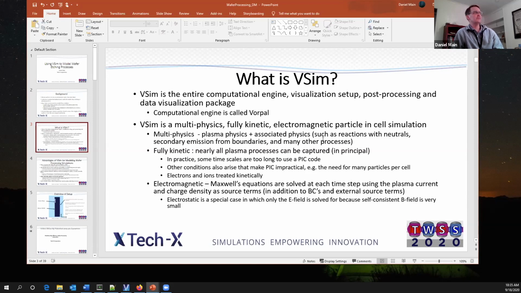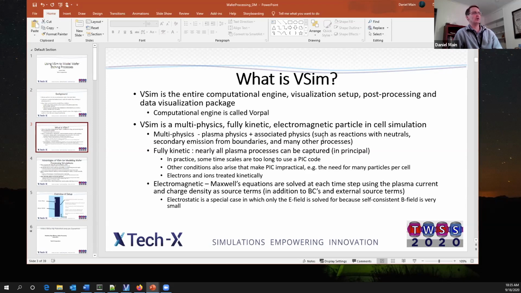VSim is a multiphysics, fully kinetic, electromagnetic particle-in-cell software. By multiphysics, the core algorithms are a plasma modeling tool with many associated physics, such as reactions with neutrals, secondary emissions, and other processes. Fully kinetic means we can capture nearly all plasma processes.